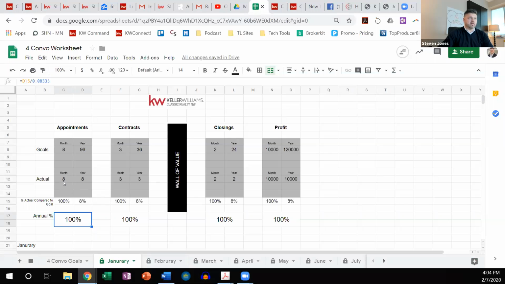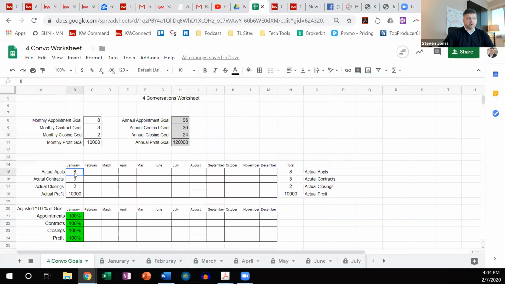Here we have 8 for the month, 8 for the year, our percentage for the year, and our percentage based on the month that we're in. Notice that we're 100%. This is fantastic. This is something that you're going to want to visit on a weekly basis so you know that you're on track.